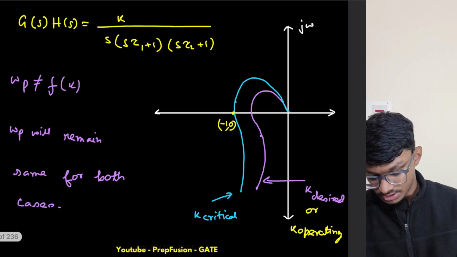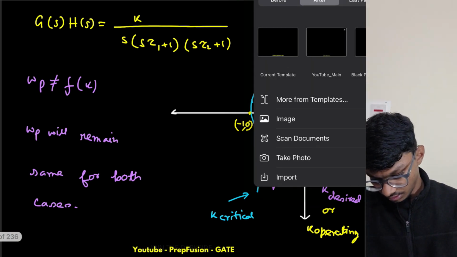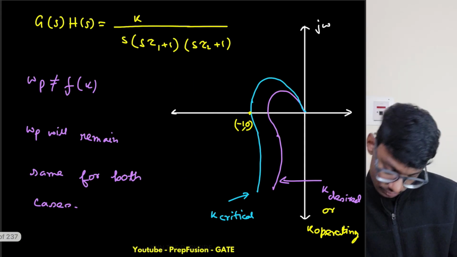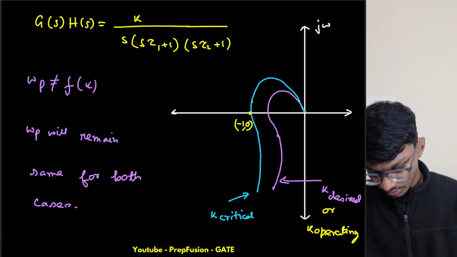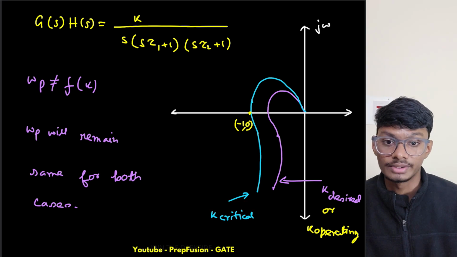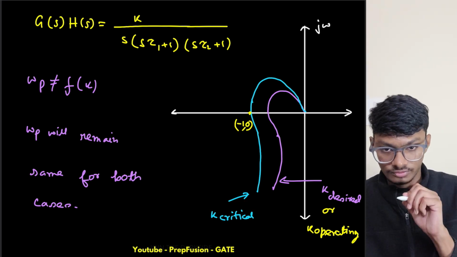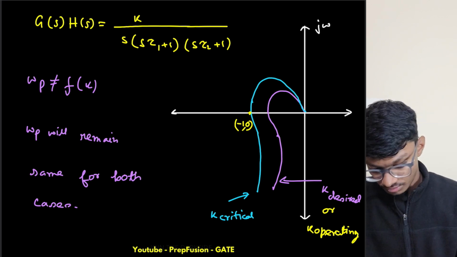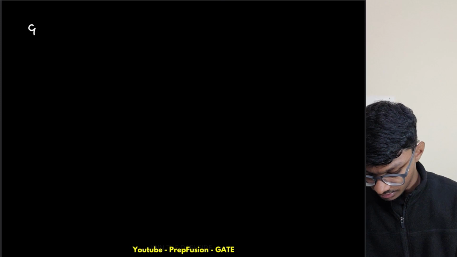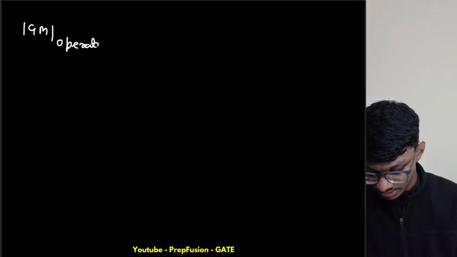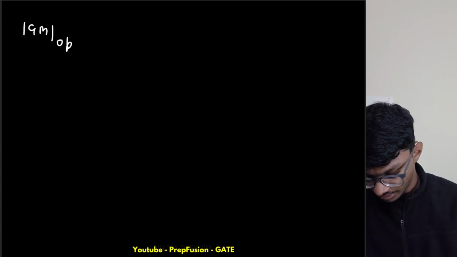So for this case, if my k is k critical, what is the gain margin? Gain margin is 1 in absolute value, or in dB it is 0, right? It is 0. I will say GM operating, right? GM operating: what is the current GM when the system is operating?